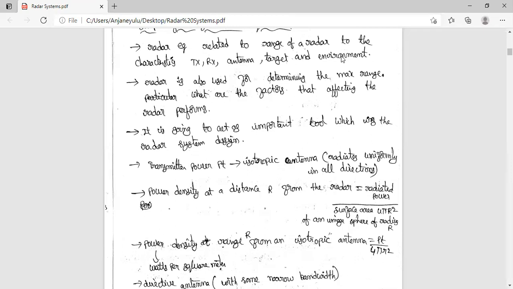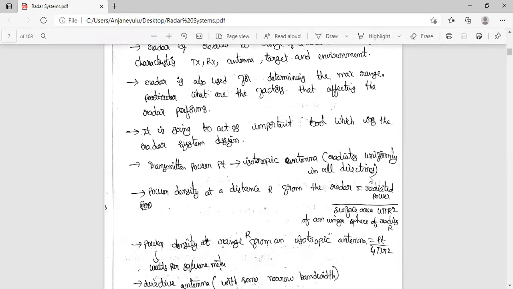The main use of an isotropic antenna is that it radiates the power in all directions uniformly. So in the radar system we use an isotropic antenna, which radiates electromagnetic waves uniformly in all directions.